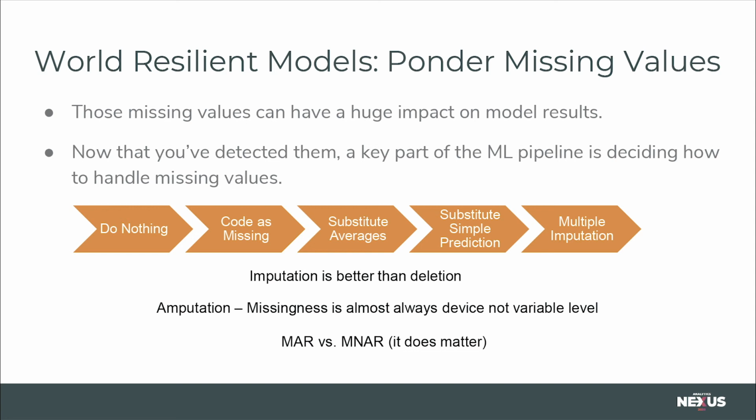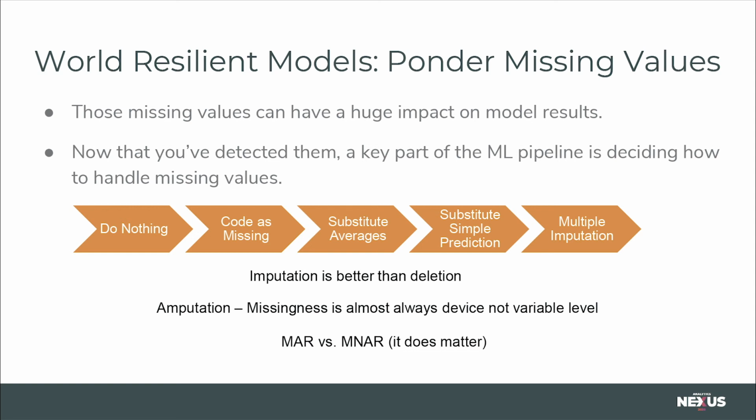What do I mean by that? Well, if you have a sensor and that sensor is collecting 4 different kinds of signals, what you may find is that occasionally one of those signals may be missing, but the more common case is that all 4 of the signals from a single sensor are going to be missing.